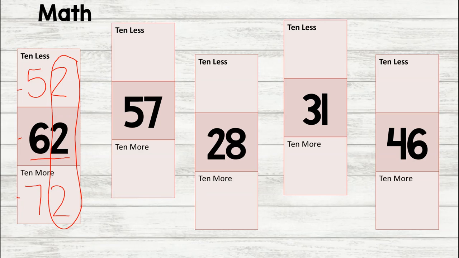Now let's try the next one. I want you to help me maybe kind of talk it out with me. I look at the number 57. If I went to my number grid, I could find the number 57. And now we want to go 10 more than 57. So go down in the column and you'll find the number 67, right?